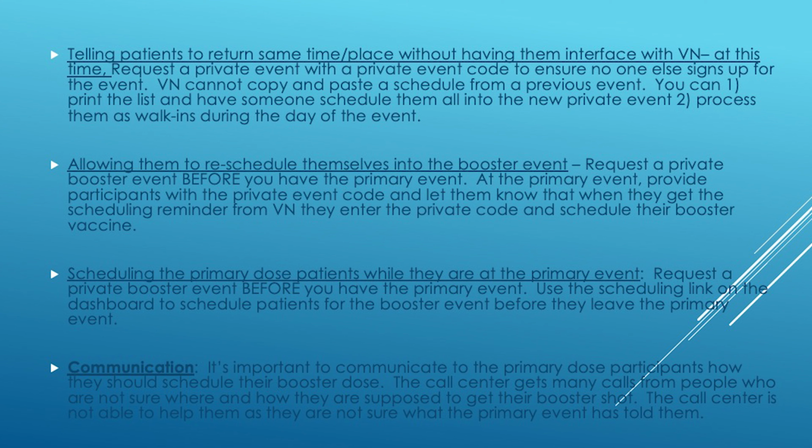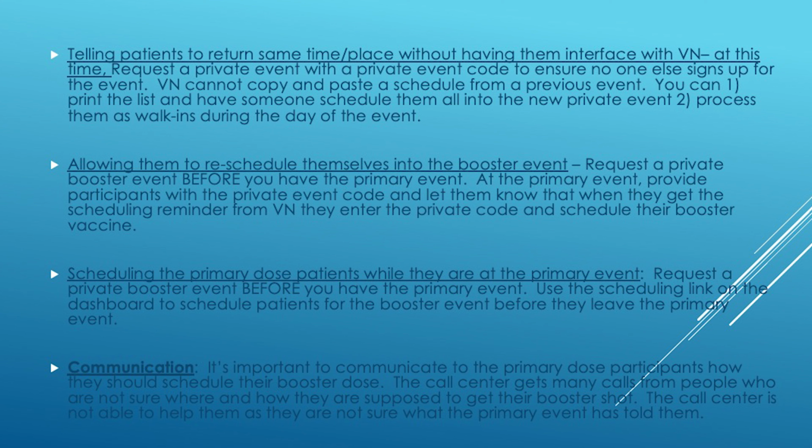If that's your process for your booster event, we would request that you schedule a private event with a private event code. Know that Vaccine Navigator cannot just copy and paste from a previous event into a new event. So you can either print that list from your primary event and schedule those all yourself within the scheduling dashboard, or you can also process them as walk-in during that day of the event.